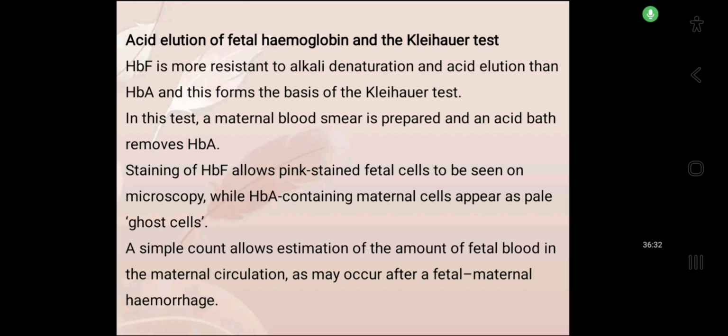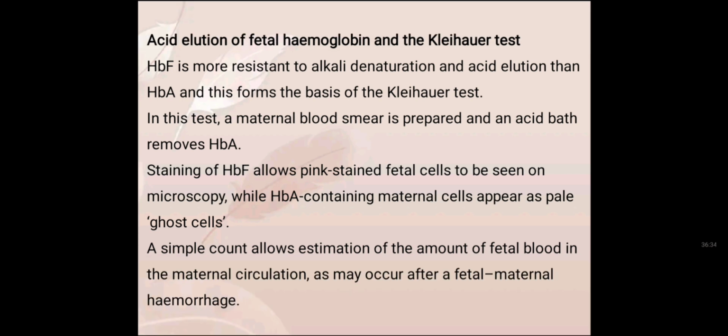In this test, a maternal blood smear is prepared and exposed to an acidic solution. In acidic media, hemoglobin A will be soluble and hemoglobin F will remain intact. Hemoglobin F will turn pink, so fetal RBCs can be seen under the microscope, while hemoglobin A-containing maternal cells appear as pale or ghost cells.